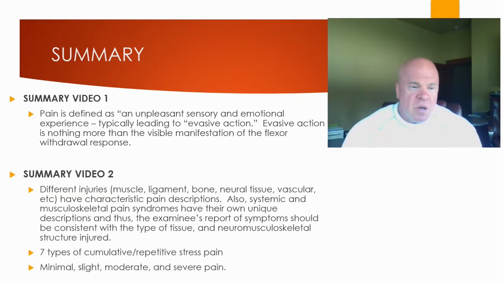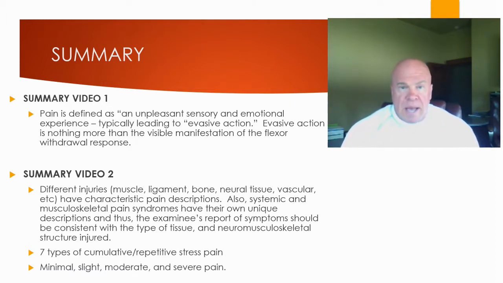Then in session number 2, we talked about different neuromusculoskeletal injuries in chapters 15, 16, and 17 of the AMA Guides. And we said that different tissues in the body, when they're injured, whether we're talking about muscle tissue, neurologic tissue, vascular tissue, connective tissue, ligamentous tissue, tendinous tissue, etc., these various tissues have very characteristic pain patterns and pain responses.